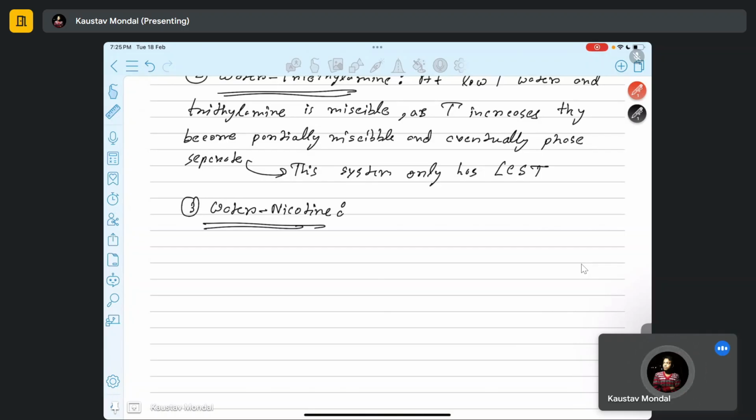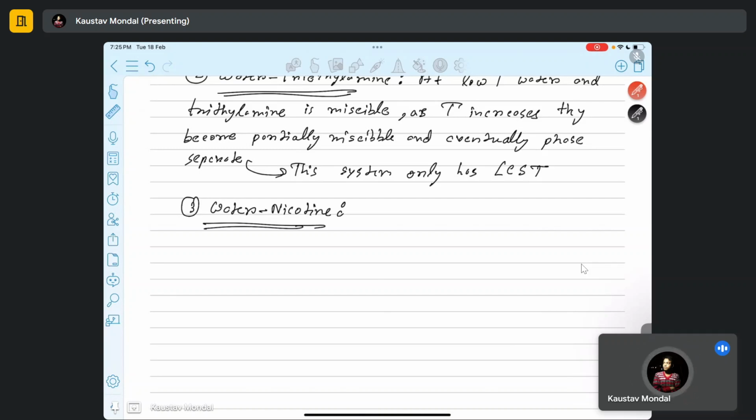However, if you either increase or decrease the temperature from this intermediate range, the mixture will phase separate into two different phases, right?